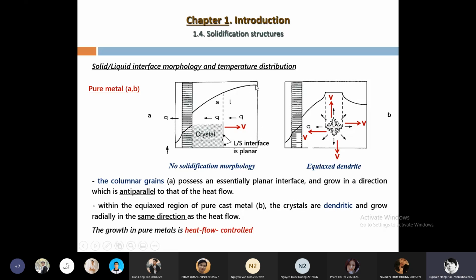Temperature increases with the distance from the mold. But here we have the negative temperature gradient. Temperature in the liquid decreases like this. And because in the case of the pure metal, you have only heat extraction, this solidification is heat flow controlled.